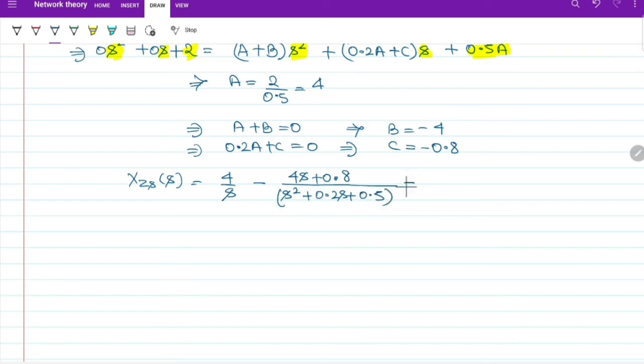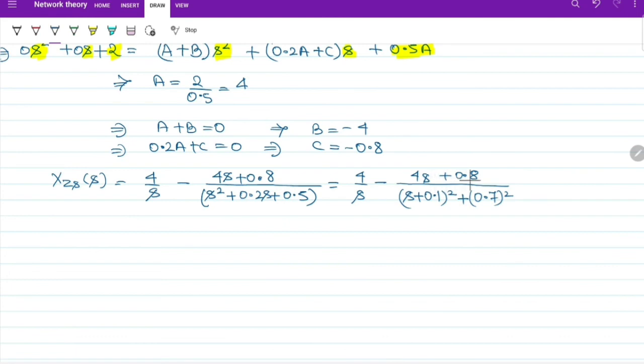Now we can write this equation as 4 by s minus 4s plus 0.8 divided by s plus 0.1 whole square plus 0.7 whole square. So here we got s plus 0.8, and in the denominator we got s plus 0.1, so we need to convert the numerator into the form of s plus 0.1.